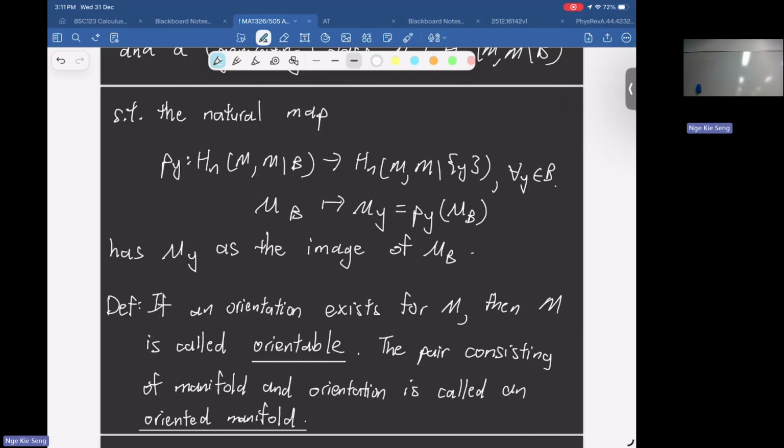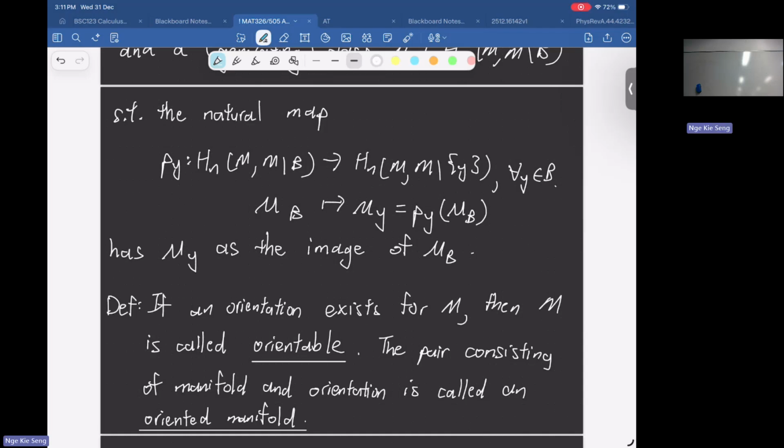Does it make sense? Every point x has a mu x. If you look at a certain x, you have a ball around it, and around it there are other points, let's call it y.